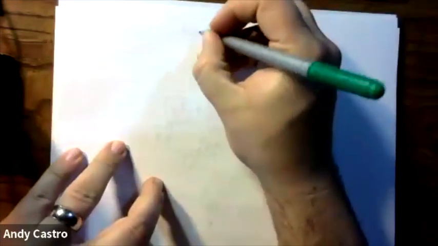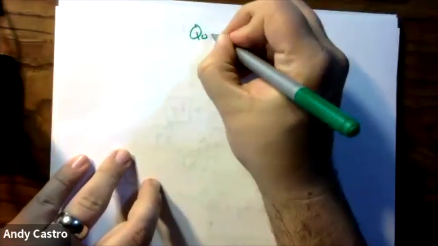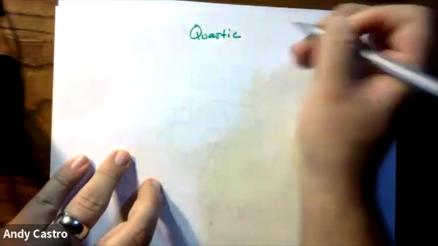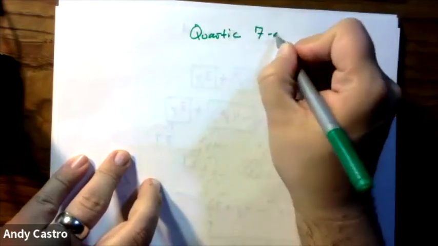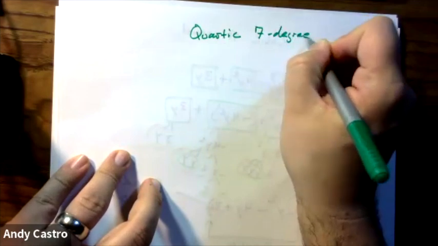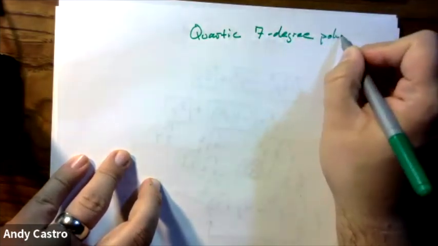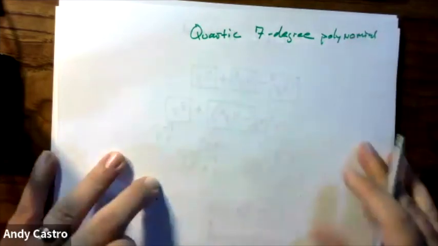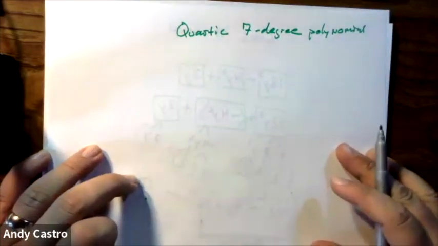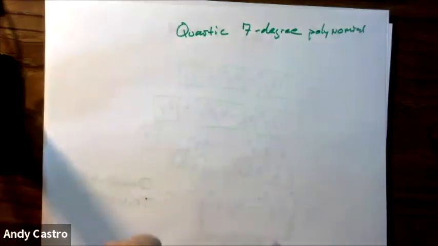Now we're going to look at a quartic 7-degree polynomial. All right.